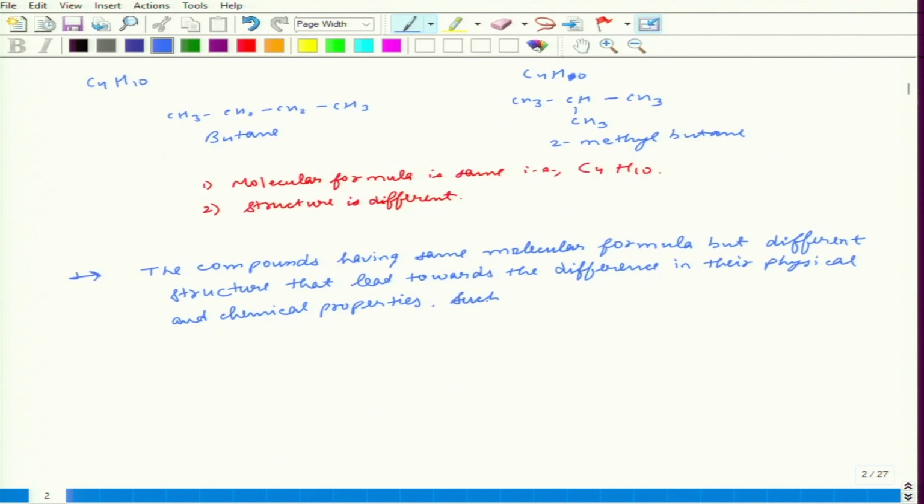Such compounds or such molecules are called isomers, or to be better classified, these are the constitutional isomers.